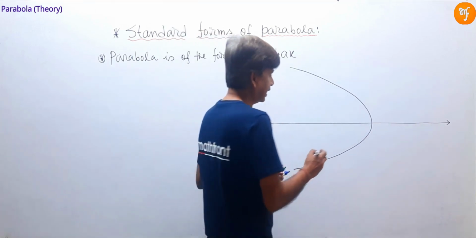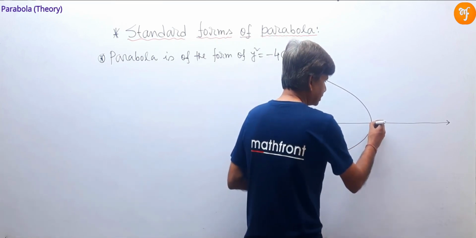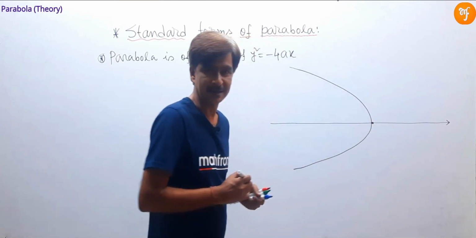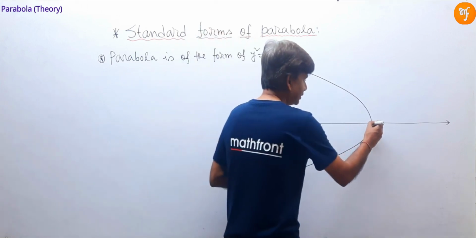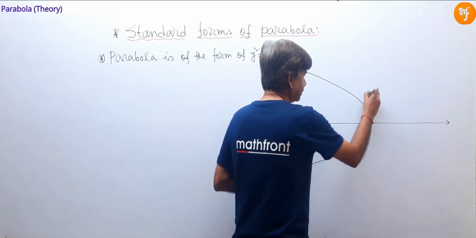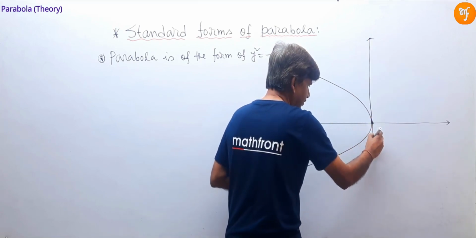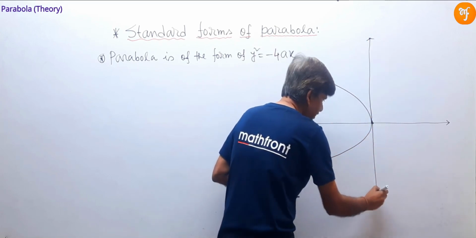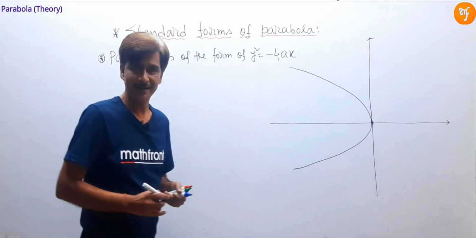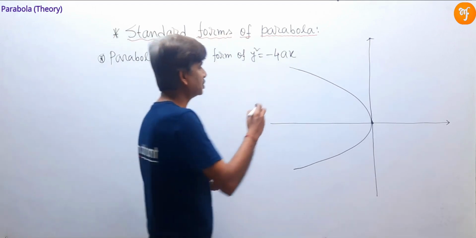Okay, and consider the vertex is at the origin. So this should be the tangent at the vertex, which is nothing but the y-axis. Clear? Understand? So what is the equation of this parabola?